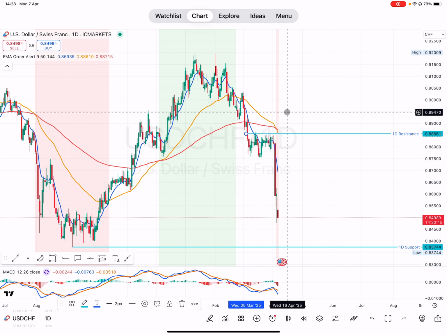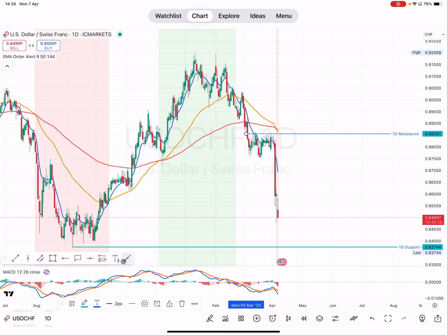And we have more lower highs here, sorry, I'm saying it the wrong way around. And we have a bit of a trend here. So let's have a look at this.